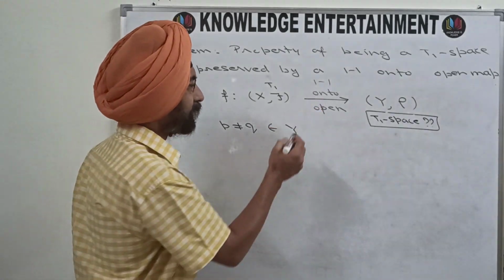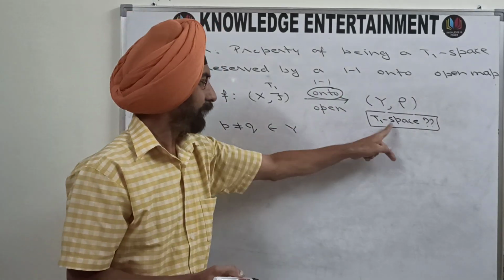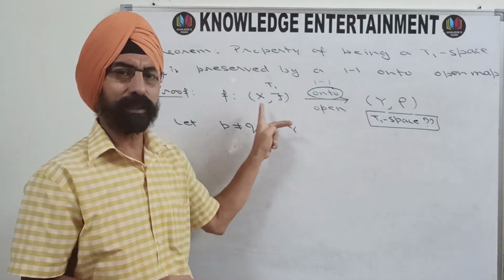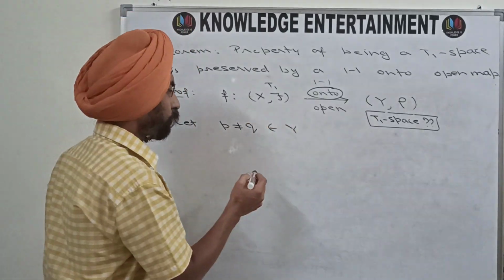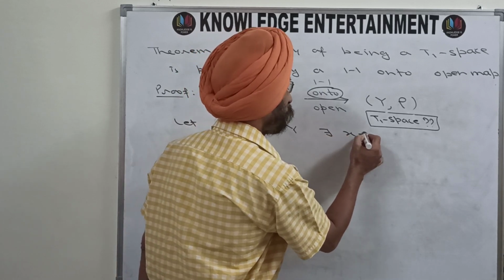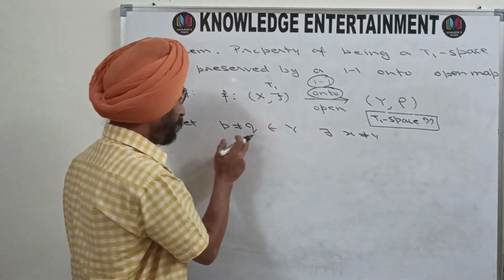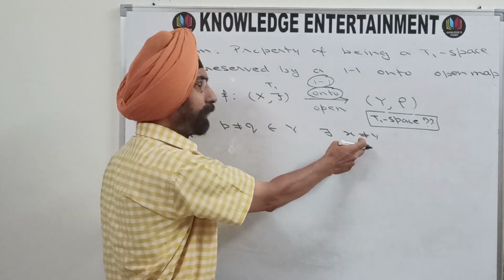So I have taken two distinct elements P and Q from Y rho. Since this is onto, P and Q both will have some pre-image. So there exist X not equal to Y, because it is 1-1 also. If these are distinct, the pre-images will also be distinct.